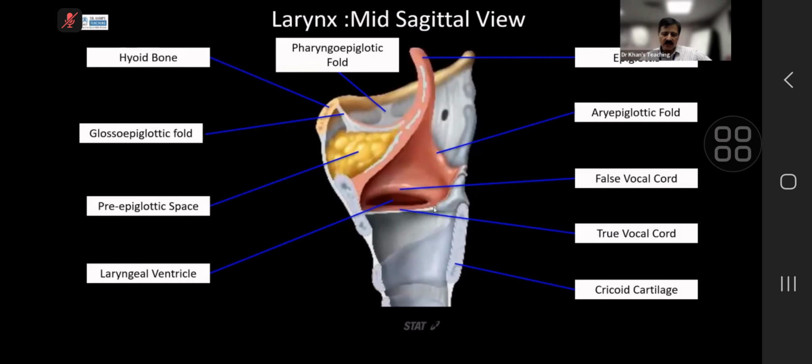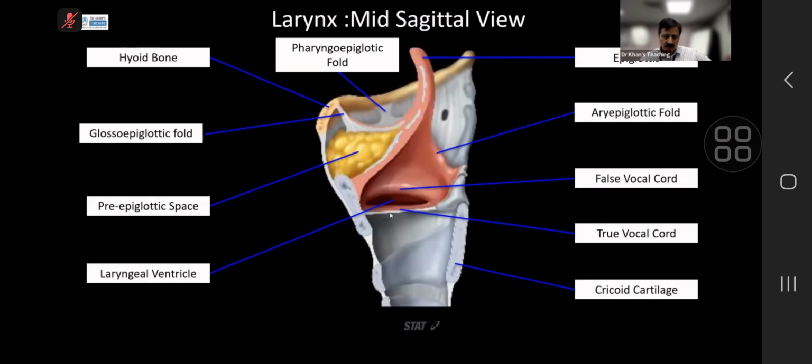Once again, this is the glottic level. Superior from here till here is the supraglottis, till this fat. Superior to the fat is the oropharynx. By definition, the epiglottis is considered part of the supraglottis. Posteriorly, the aryepiglottic fold is the boundary between the supraglottic larynx and the hypopharynx, which of course is hidden from our view.